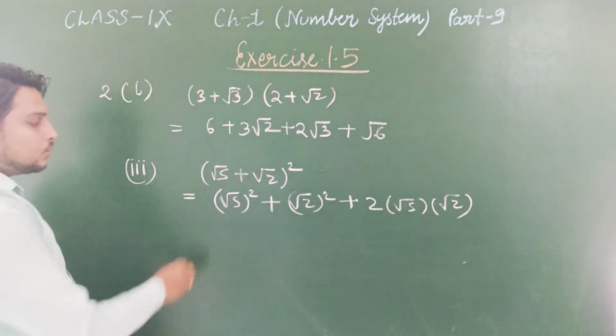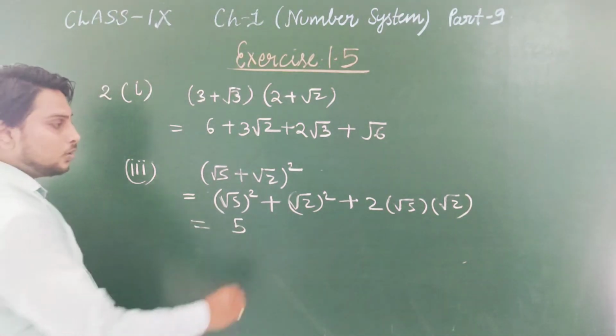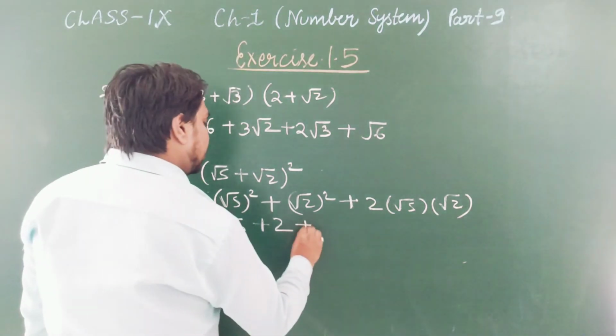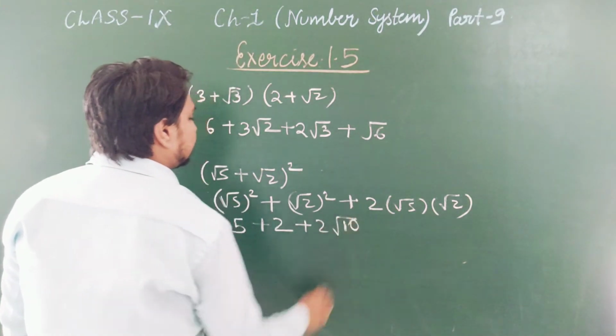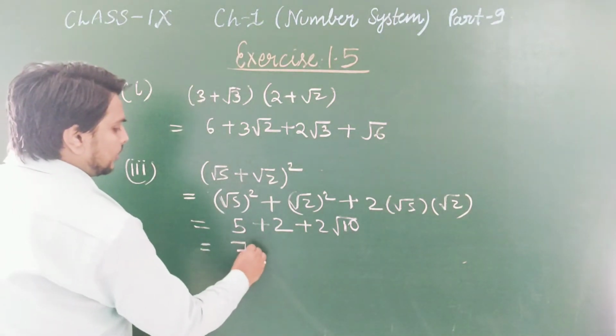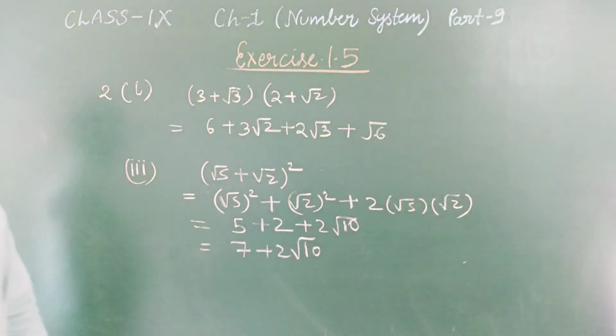Under root 5 square will be 5, under root 2 square will be 2, and it will be 2 under root 10. 5 plus 2 is 7, so 7 plus 2 under root 10 will be the answer.